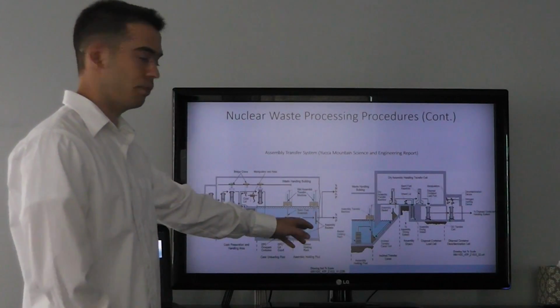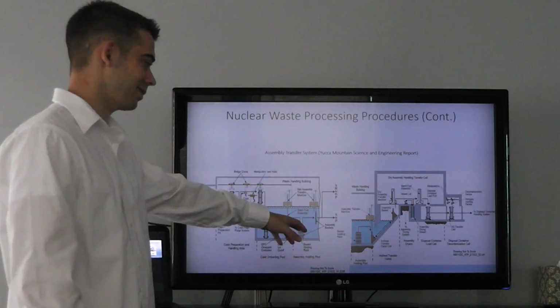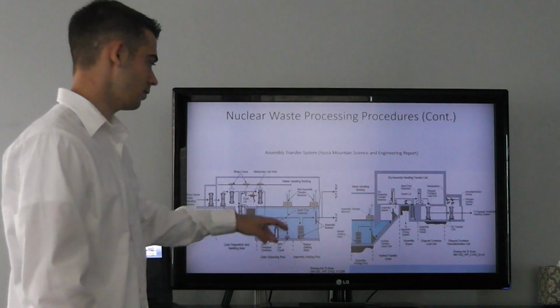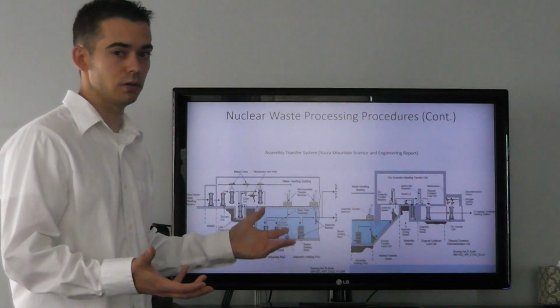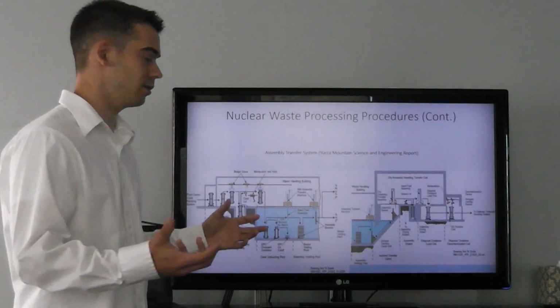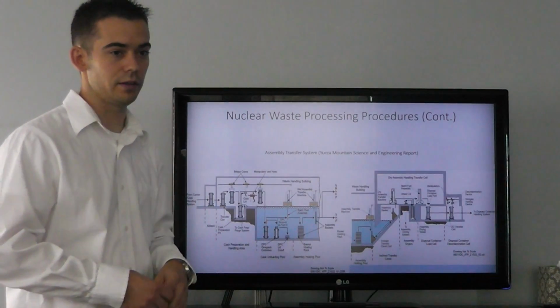If you could picture this as a 360 view from here, I don't have a picture of the fuel blending pool for you. Essentially, they're taking high and low level spent nuclear waste in their disposable canisters and putting them together to make the actual level that they want.